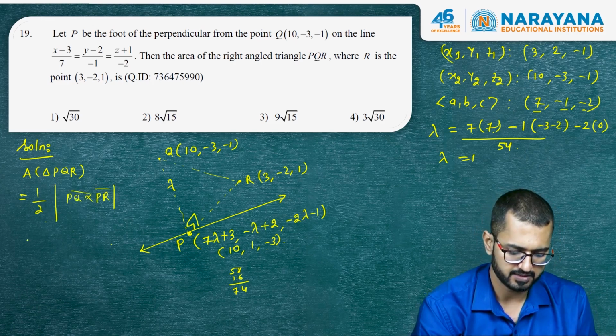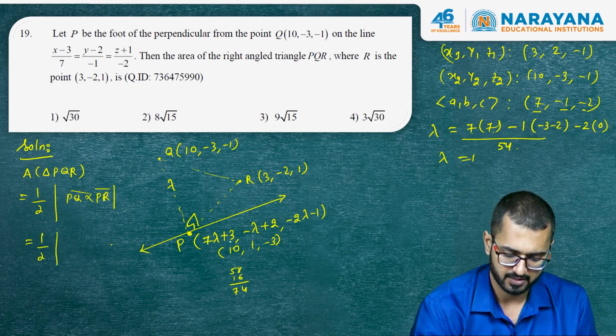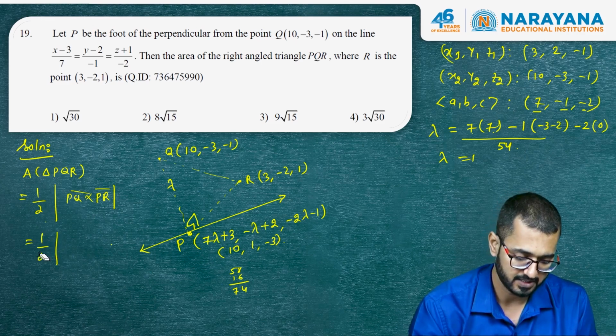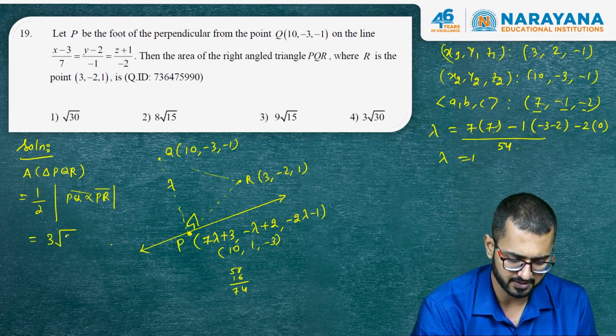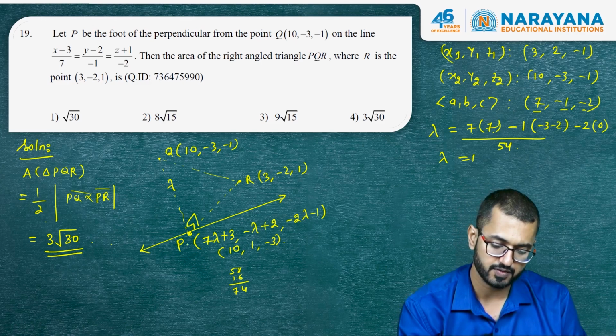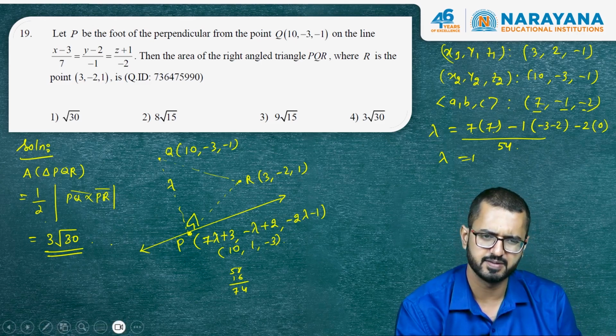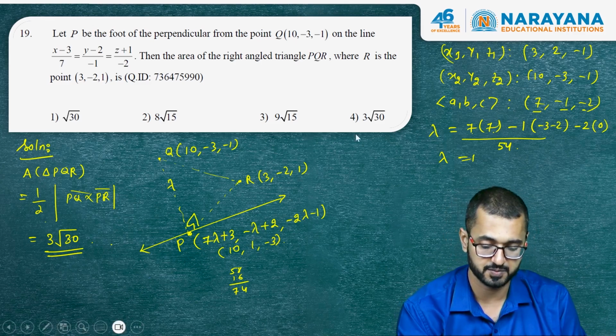After solving this, since we have all the vectors, PQ and PR, we can simply write down the vectors, and this at the end turns out to be 3 root 30. Alright. The main base was to find the coordinates of P. Once we are done, we find the area of the triangle. That turns out to be 3 root 30. So here option D would be the correct answer.